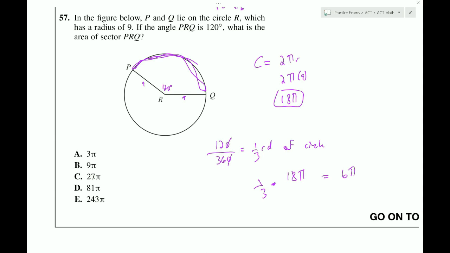Why is that not a choice? Oh, right. So then they're asking for PRQ, which is the other side. So that would be the other 12 pi, right? Well, still not a choice.